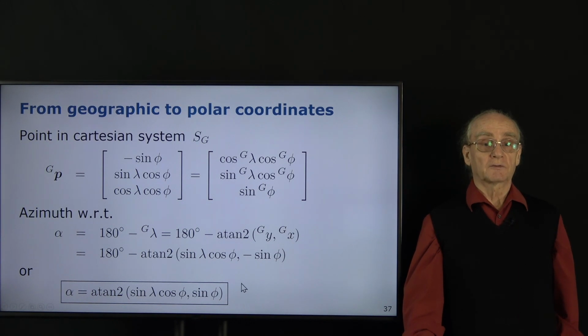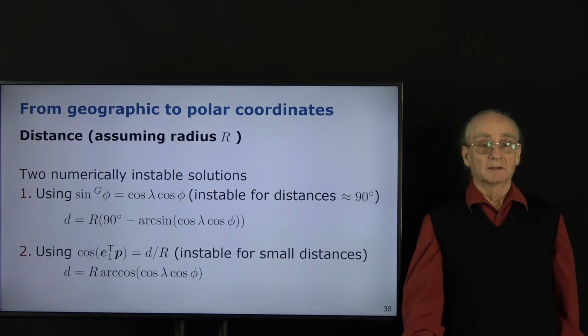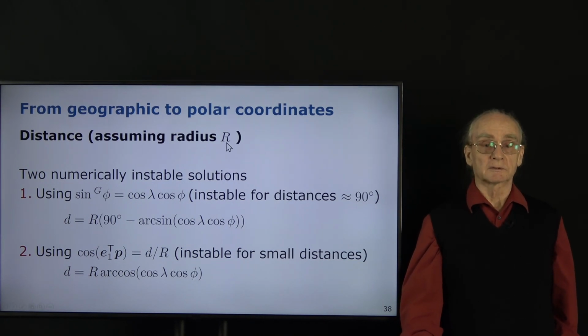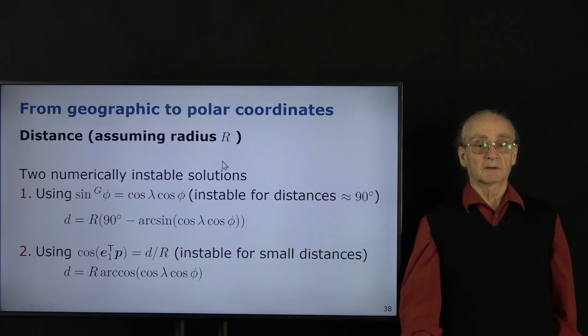Now we would like to have the polar coordinates, the distance. We should allow that the radius is not 1, so whether it's the Earth radius or some other radius. Of course, we have some direct, very clear solutions.